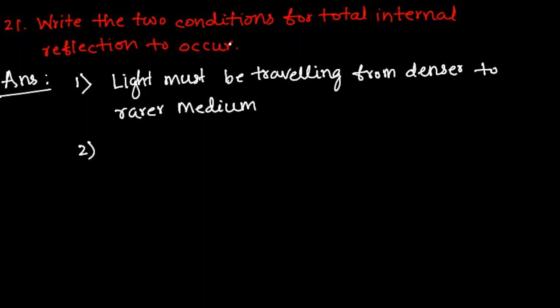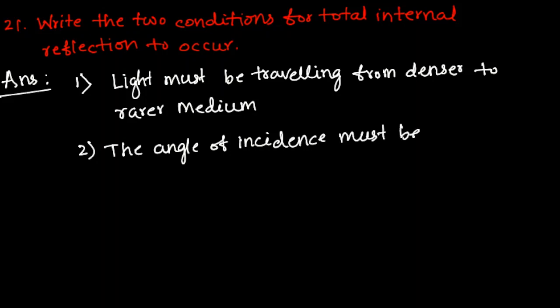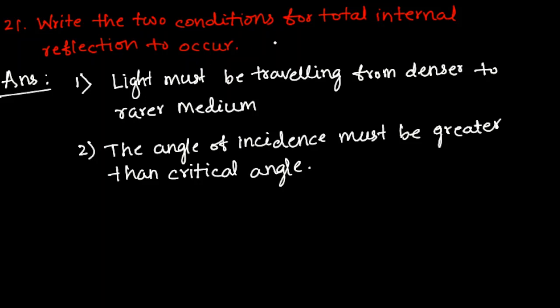So total internal reflection is not possible. And the second condition is the angle of incidence must be greater than critical angle. So these are the two conditions for total internal reflection to take place.